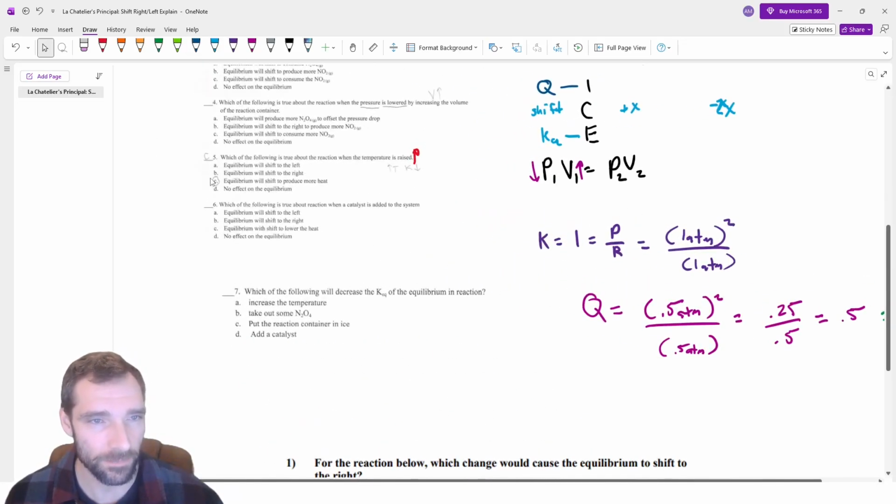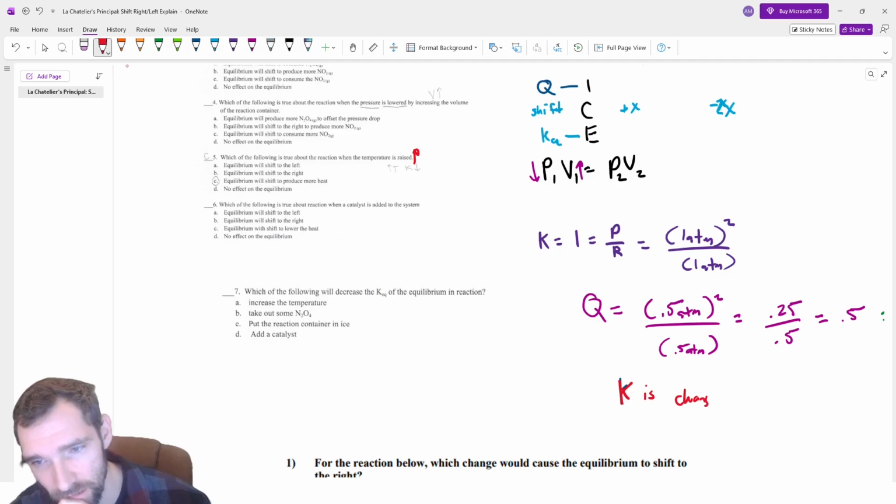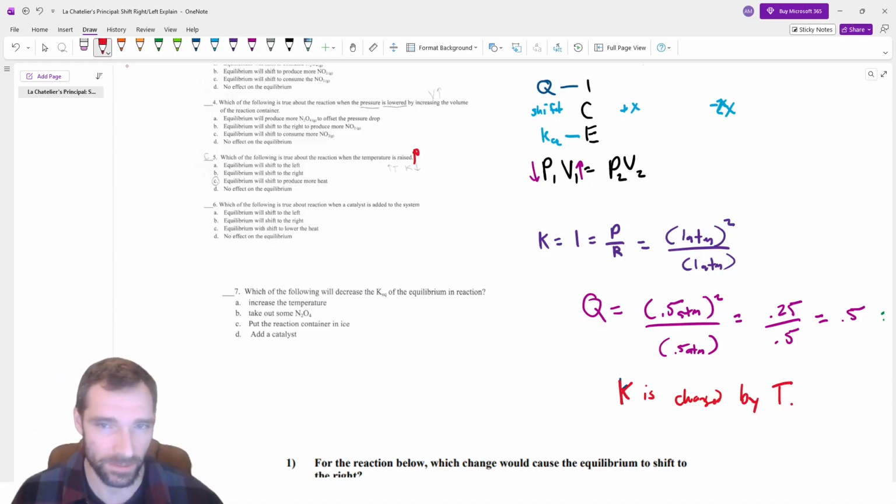So in this type of situation, K is being shifted. K is changed by temperature. So the exact K equilibrium is changed by the temperature.